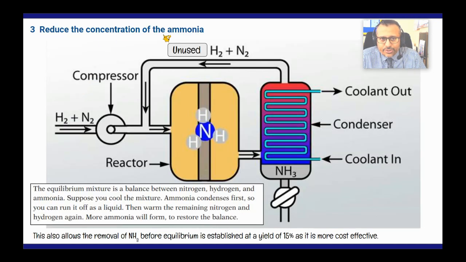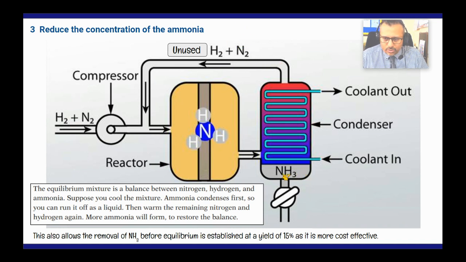So we can reduce the concentration of ammonia by allowing it to go into what's effectively a very large fridge. If we have the gases that come out from the reactor going into this cool chamber, the ammonia liquefies first. There is a big difference between the boiling points of hydrogen and nitrogen together with ammonia.